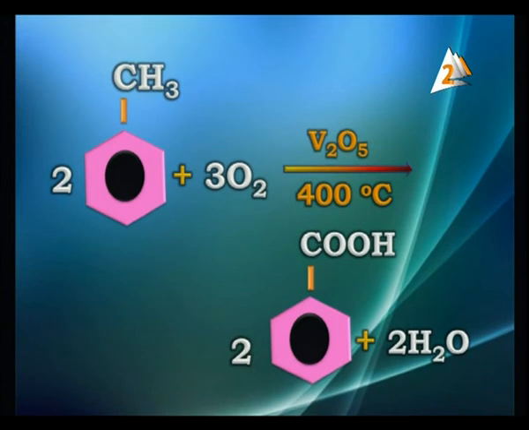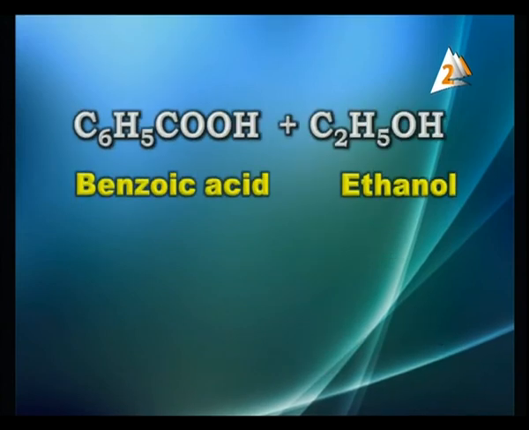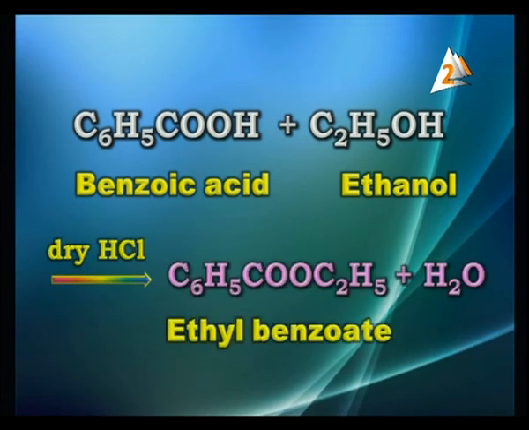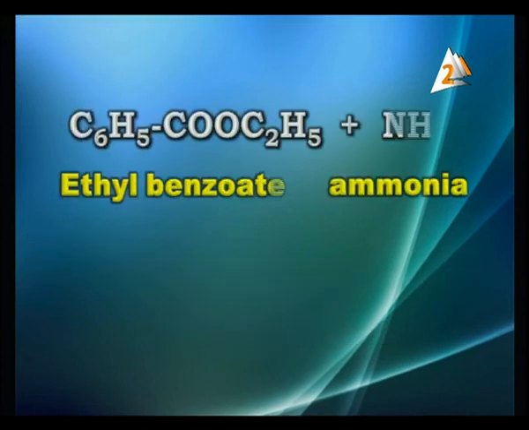Another step: we have benzoic acid and ethanol, and the reaction between them gives ethyl benzoate, an ester from benzoic acid and ethanol. It is made in 2 steps. Then we have ethyl benzoate and ammonia.